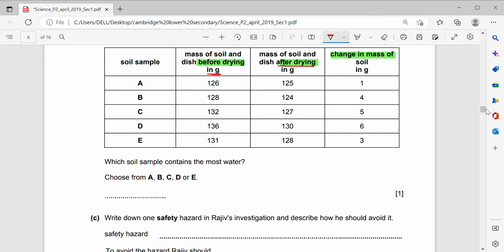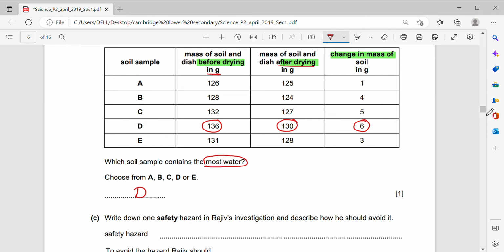I need the most water, so the most water means the biggest change in mass. For example, if the soil and dish were 136 and became 130, the change in mass is 6. So who had the highest water content? Soil D.